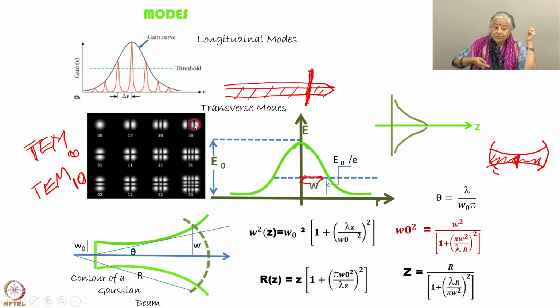Okay, and these will give you a larger energy or larger power at the output. Okay, and many of these formulas, theta, omega square z, omega 0 square, they all apply to all these transverse modes too. Okay. But there is a problem with these modes.